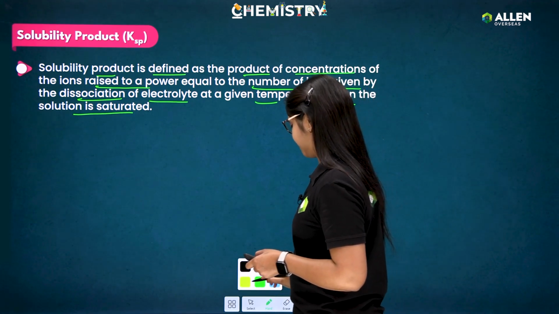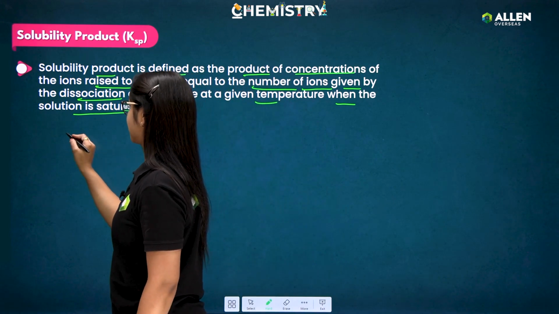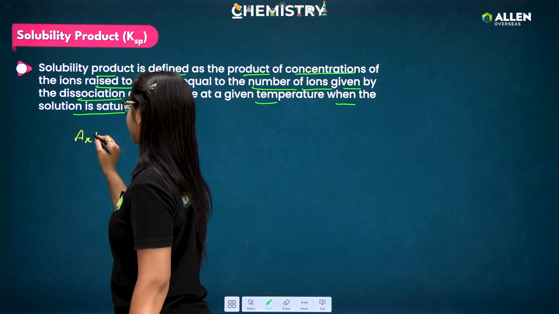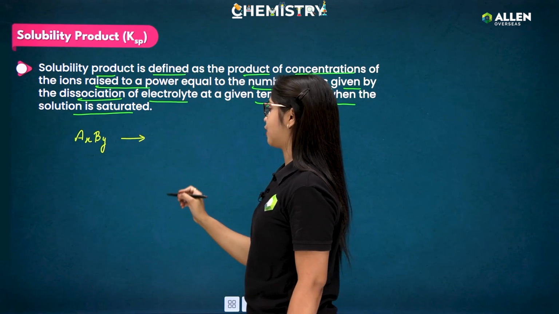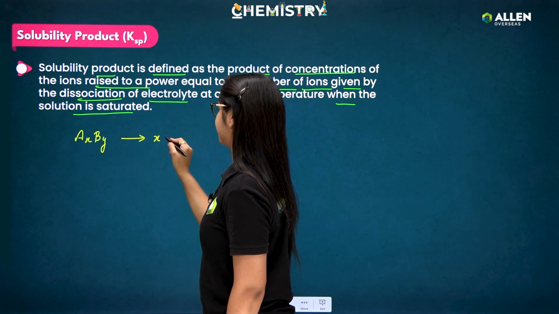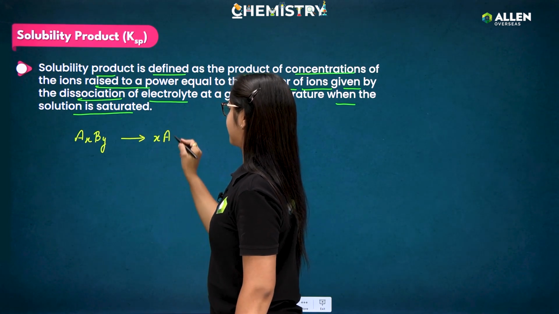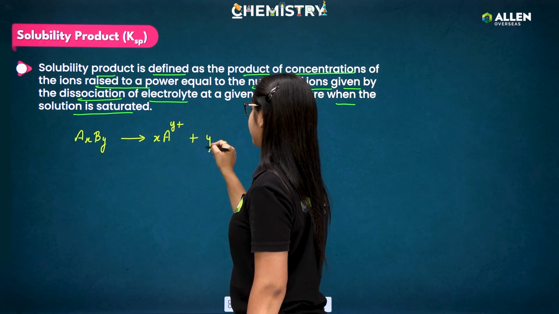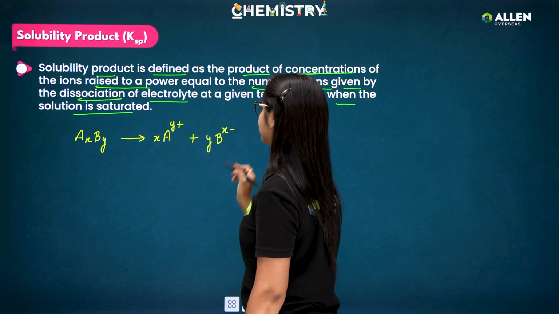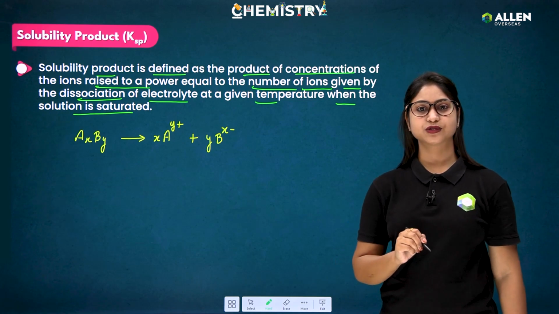Suppose we take a salt AxBy. When it dissociates, what ions are we going to get? x A to the y plus, plus y B to the x minus. Okay, this is how it can dissociate, right?